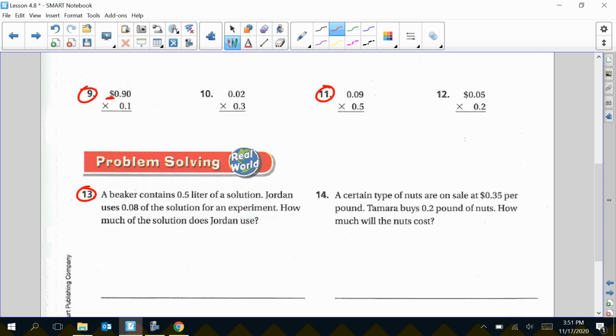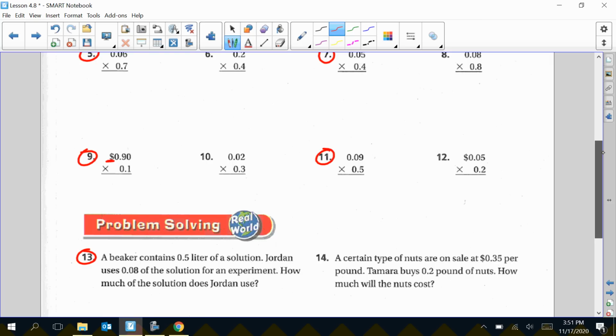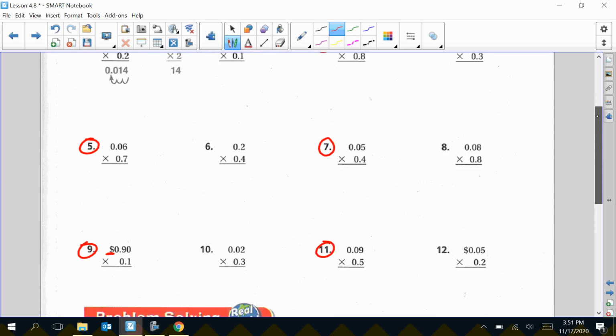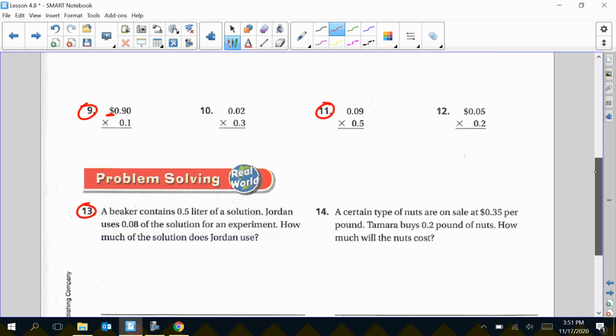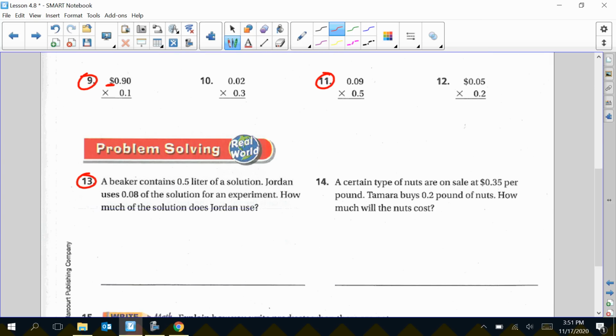It's money. So make sure that you know that you only need 2 places to the right of the decimal once you're finished. You still will need to count the number of places. You're still going to have to count and move the decimal over, but when you insert your answer, make sure that it's money and you only put 2 decimal places to the right in your answer.